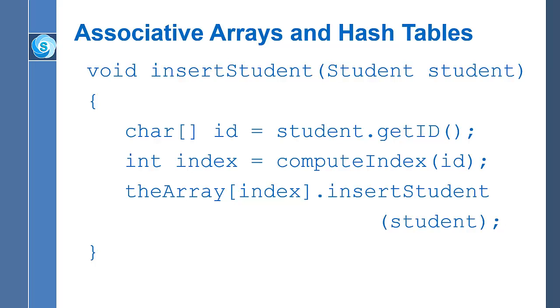In other words, this method is supposed to act on a student hash table object, and its purpose is to insert a new student record into the hash table. It has a parameter of type student, so you can pass a student record object to this function.